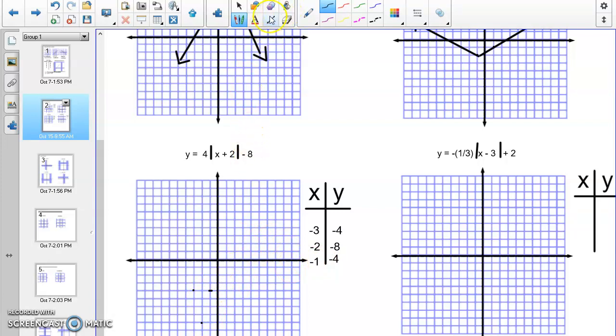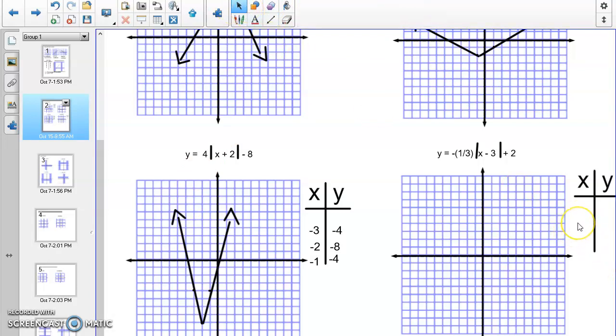And you notice when that number in front of the absolute value is big, it causes the graph to go up very quickly. We call it vertical stretch and horizontal shrink. When there's a fraction less than 1, but greater than negative 1, in front of the absolute value, that represents horizontal stretch and vertical shrink, it's like this one up here, makes the graph go out wider.